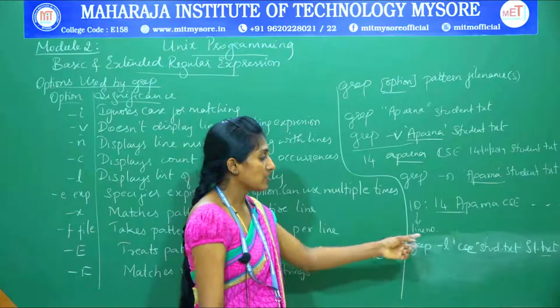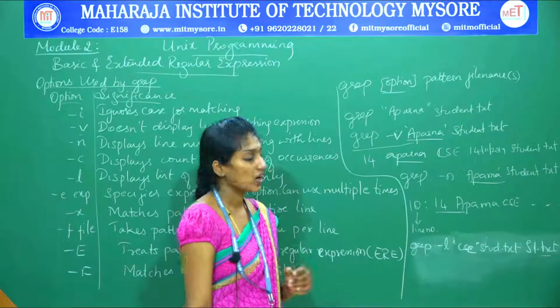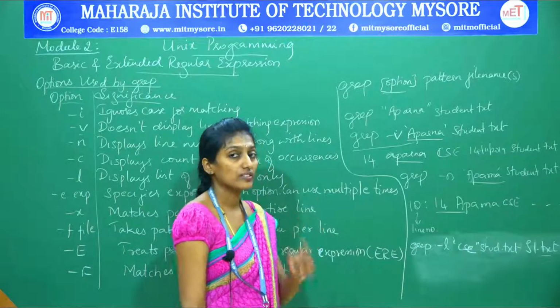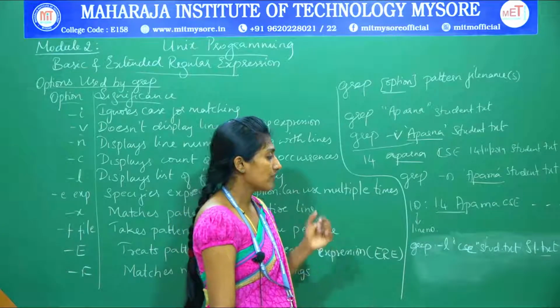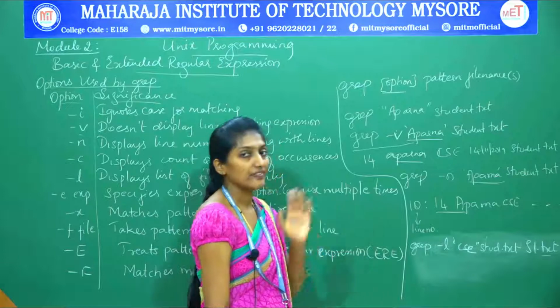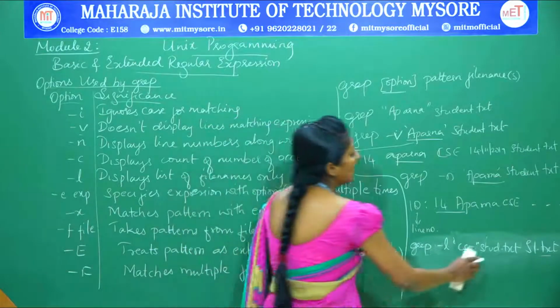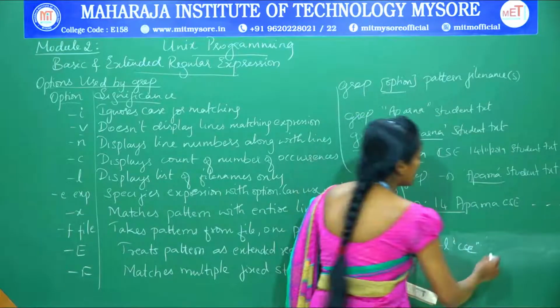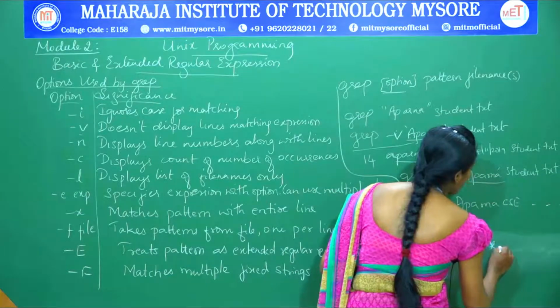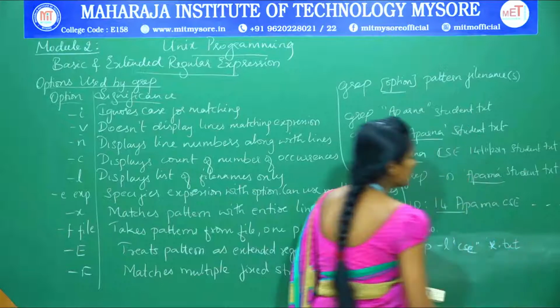assume that I have more than 2 or 3 .txt files, that is, the text files are more. So instead of providing each and every file name, I am going to use a wildcard pattern here, like star.txt. What does this mean?